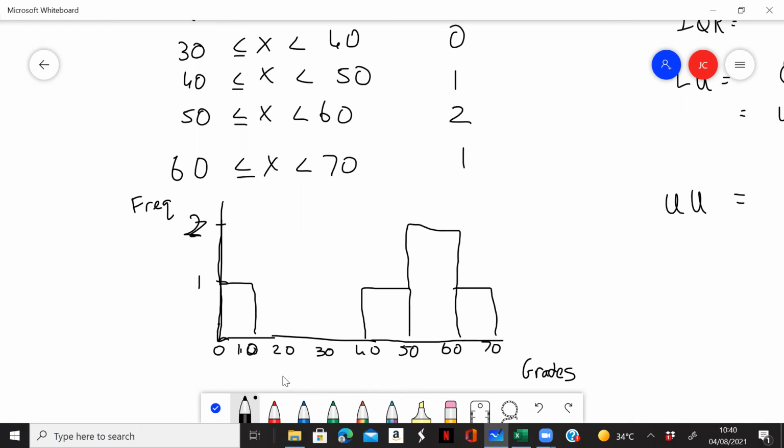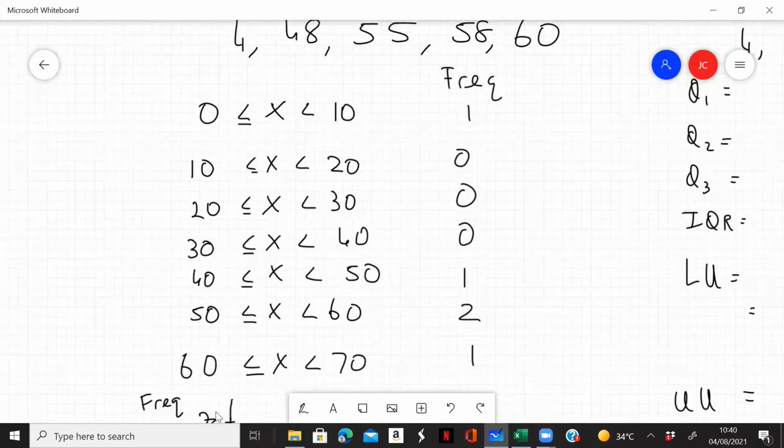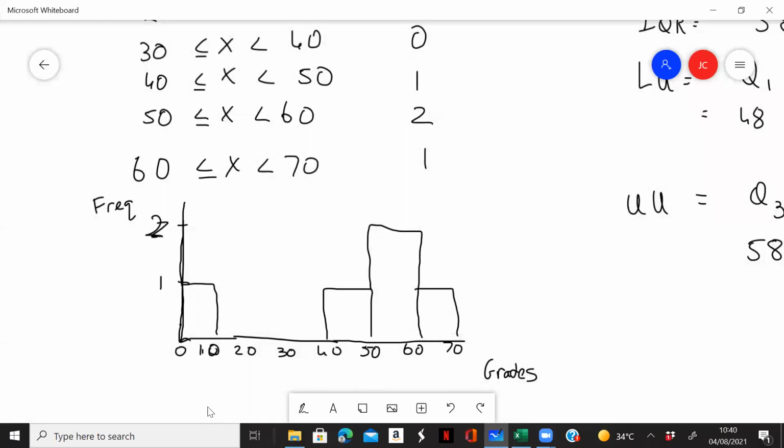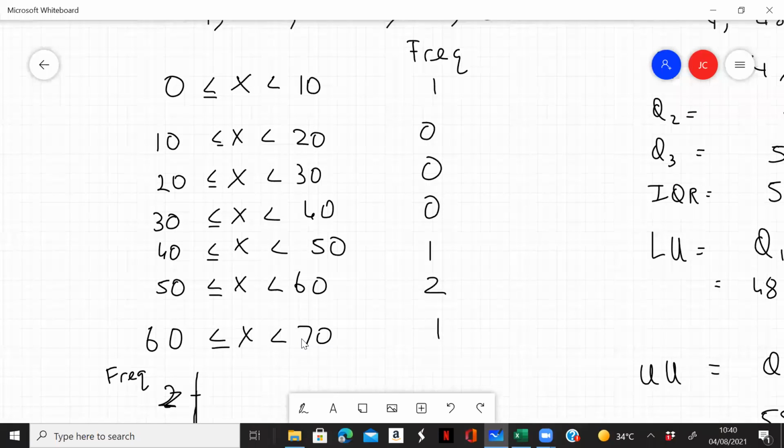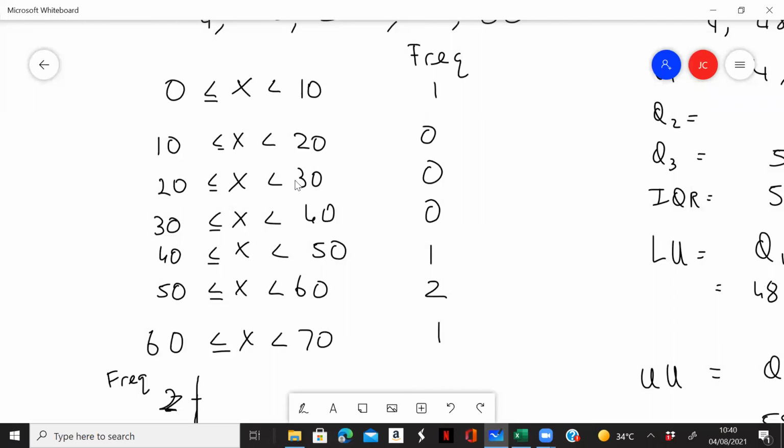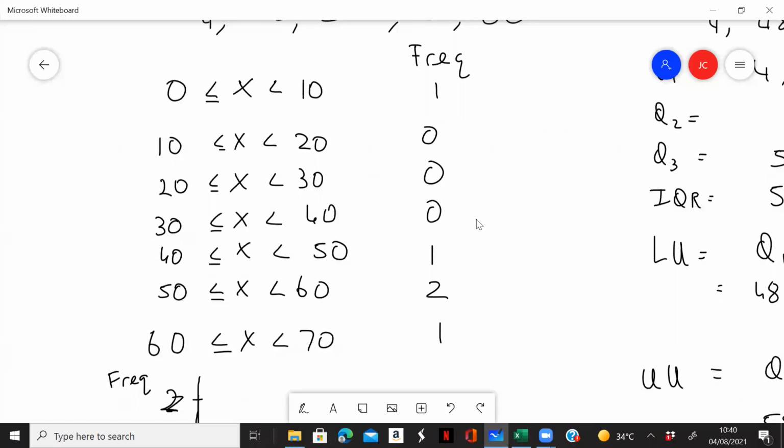With regards to frequencies, I just have 1 and 2, so on the y-axis, I put 1 and 2. Now, these boxes show me the frequencies. For example, from 0 to 10, I had one number, which is 4, so the frequency is 1. Between 10 and 20, 20 and 30, 30 and 40, I had nothing, 0, 0, 0.